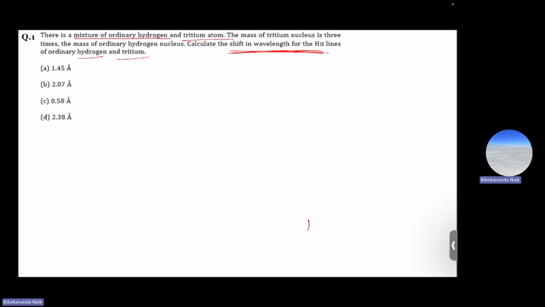So if we solve it, where will the effect of mass come in? Why will there be a shift in wavelength of the H alpha lines? Because what is the expression for wavelength?